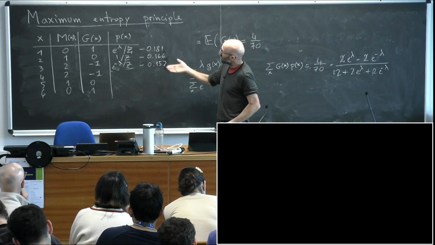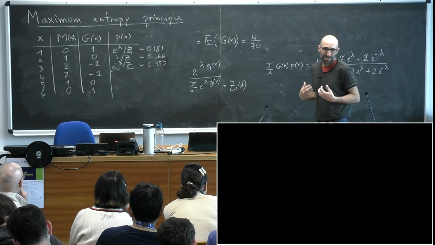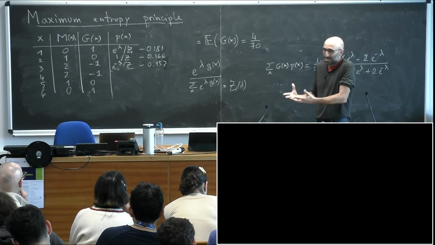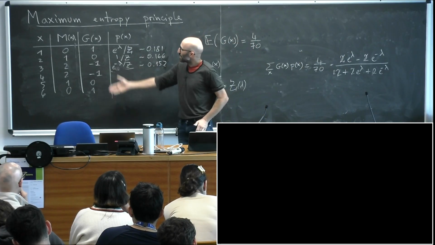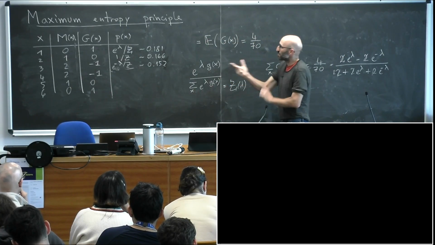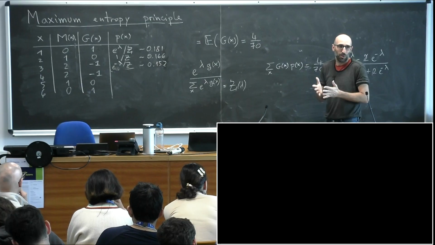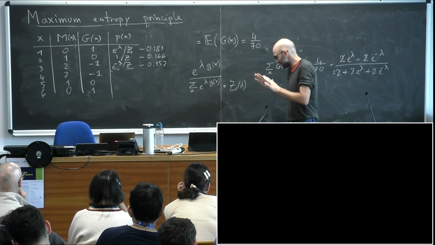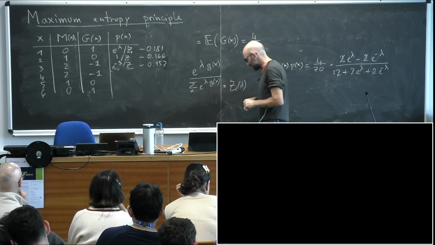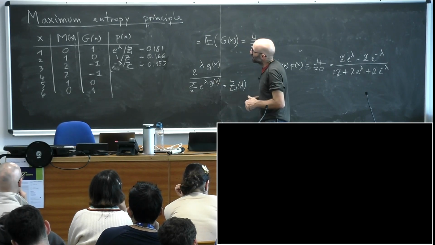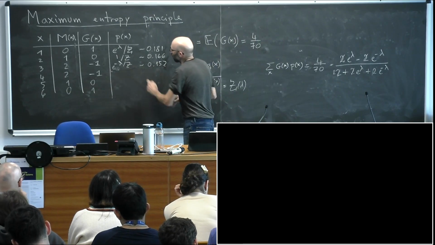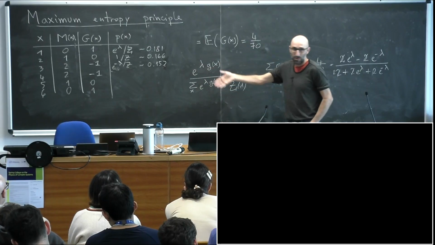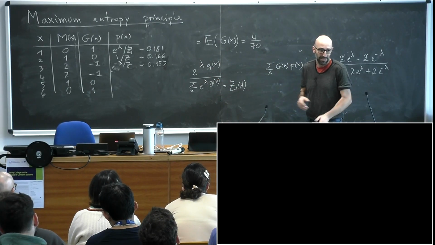And so the idea is that really you can use this also if you're the casino. You can use this same idea to design your game in such a way that you make a gain, but with the smallest possible bias, by biasing your game as little as possible with respect to the uniform distribution, which would be the unbiased result.